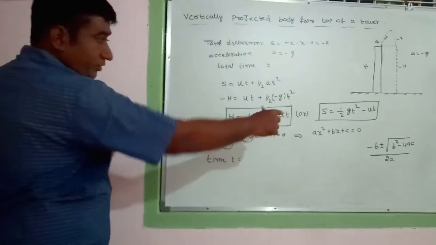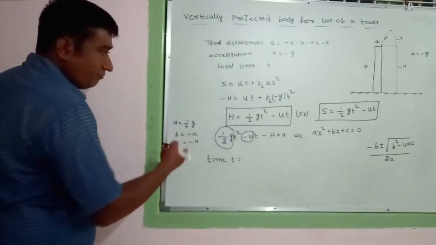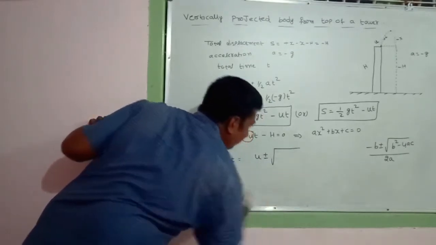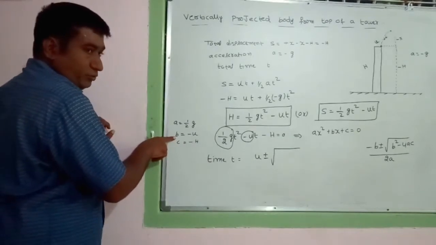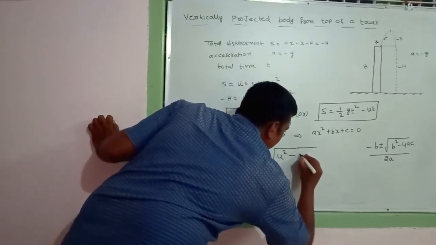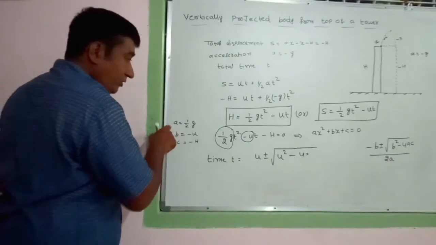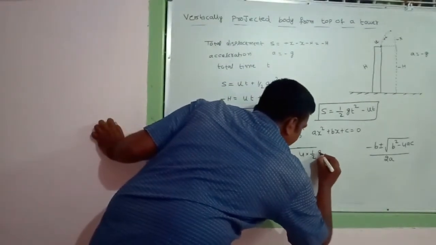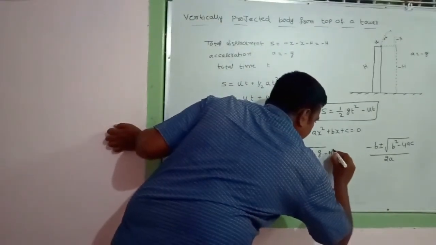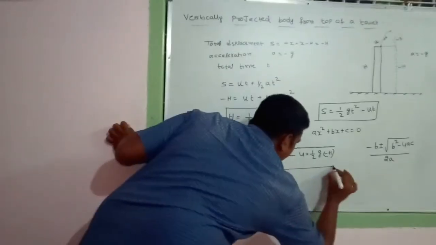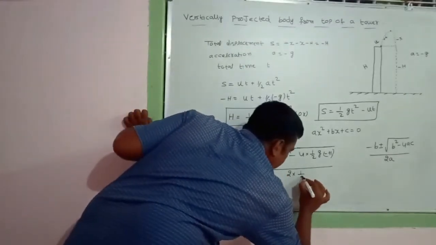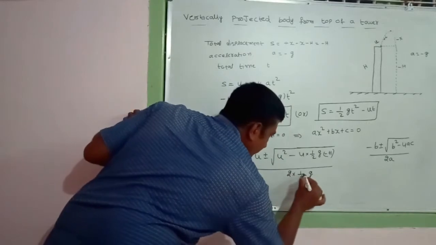By substituting these in the quadratic formula: minus b, minus of minus, so plus u, plus or minus root of b square, which is u square, minus 4 times a, which is 1 by 2g, times c, which is minus h, all divided by 2 into a, where a is 1 by 2g. With the help of this, the 2 and the half get cancelled.